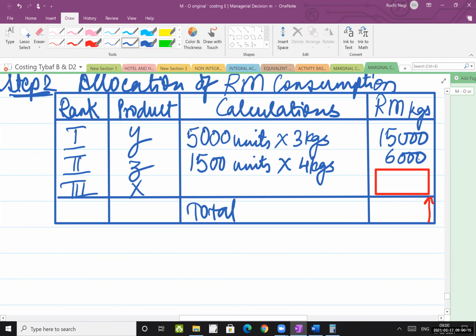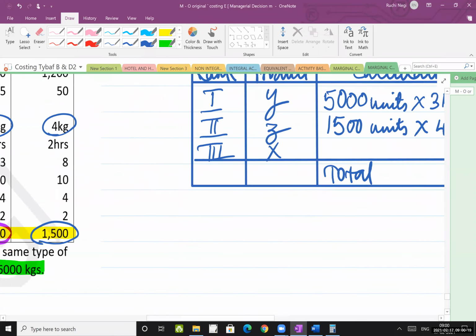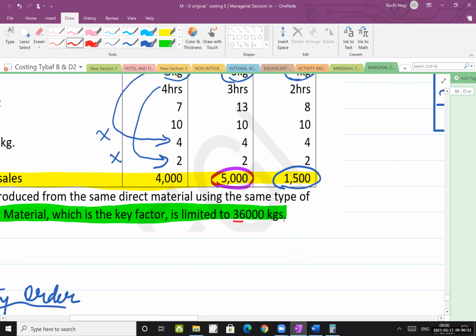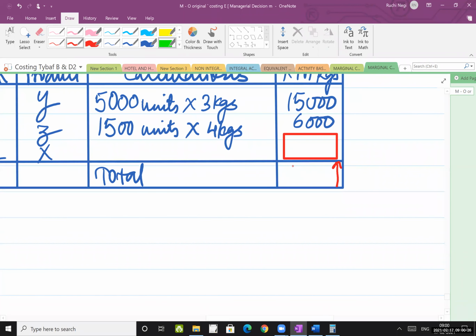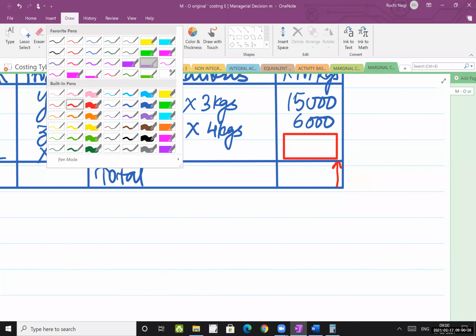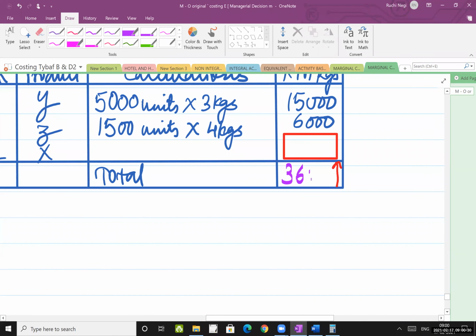Okay. And how much is the limiting factor? 36,000 kgs. So write it here. 36,000.